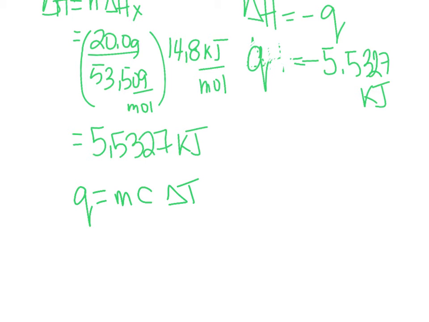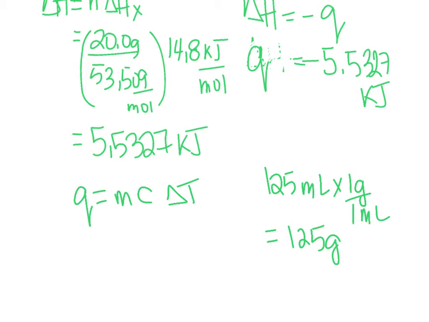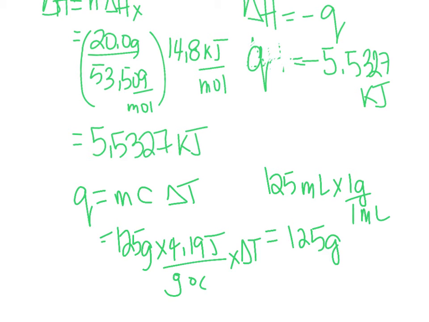Got 125 milliliters, so 125 grams times the specific heat capacity of water. And that's negative 5.5327. Now we have a problem.